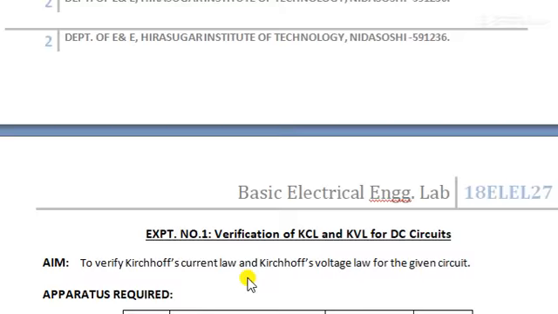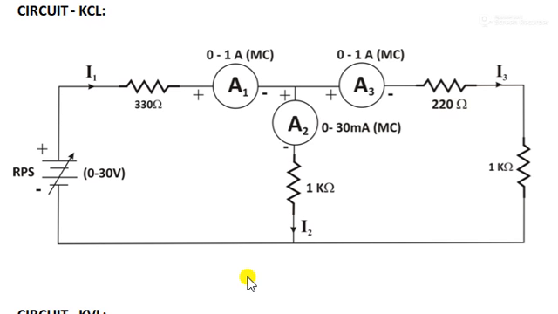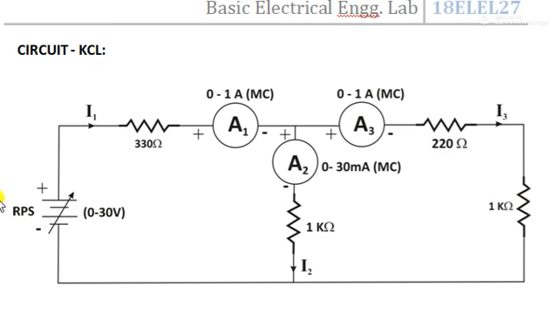Now next we can go through the circuit diagram for KCL first. In this KCL, we require one regulated power supply, 3 ammeters, and these resistances.